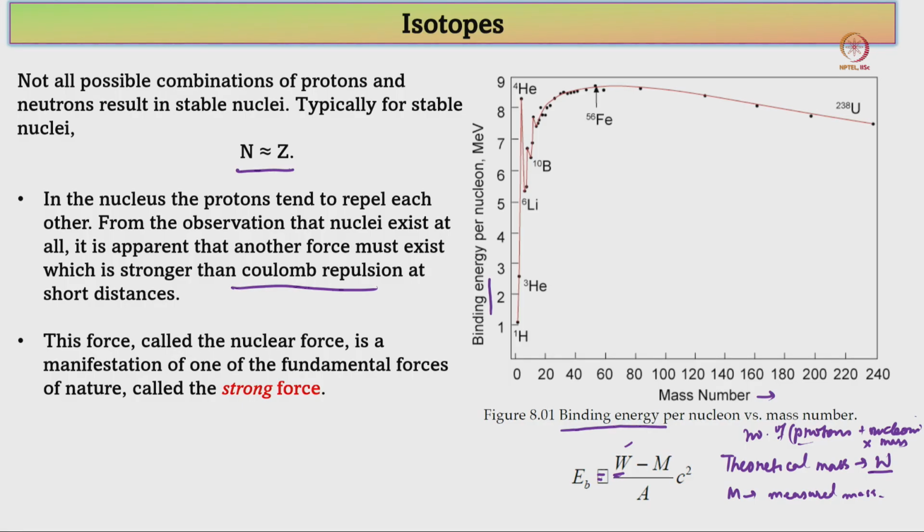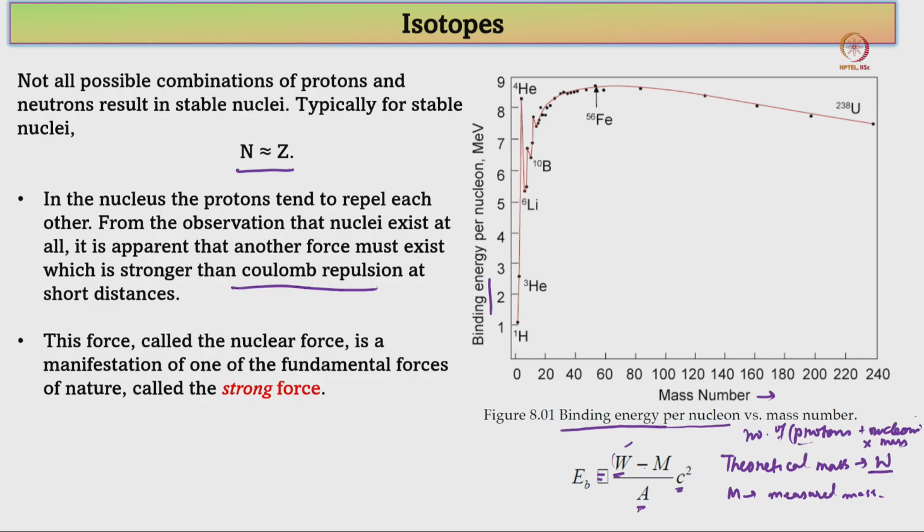So, W minus m will be a very small value, but you multiply that with c square, where c is the velocity of light. Then you divide by A. Why are we dividing by A? Because we want it per nucleon.